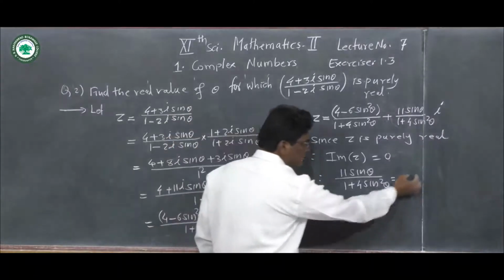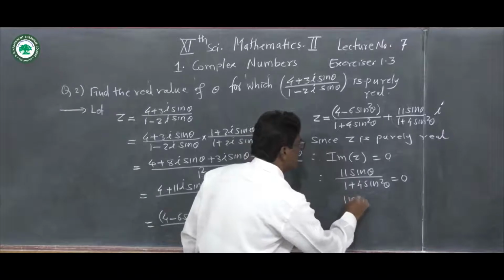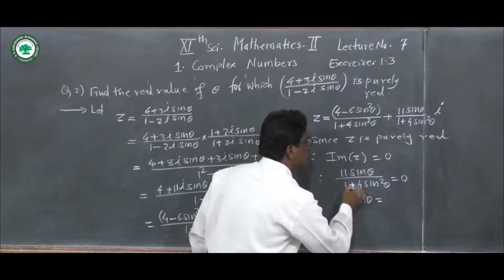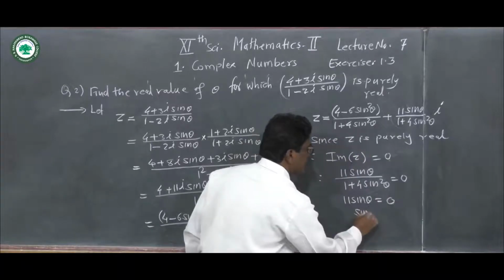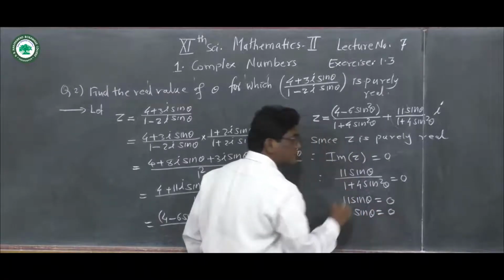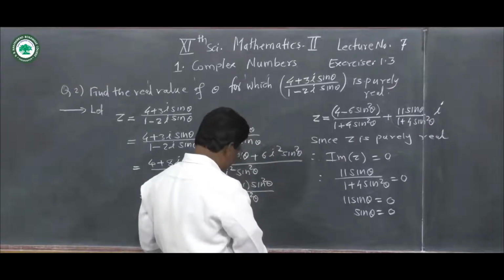Now carry this to the right hand side. So we get here 11 sin theta is equal to 0 into this, so it becomes 0, and therefore sin theta is equal to 0.